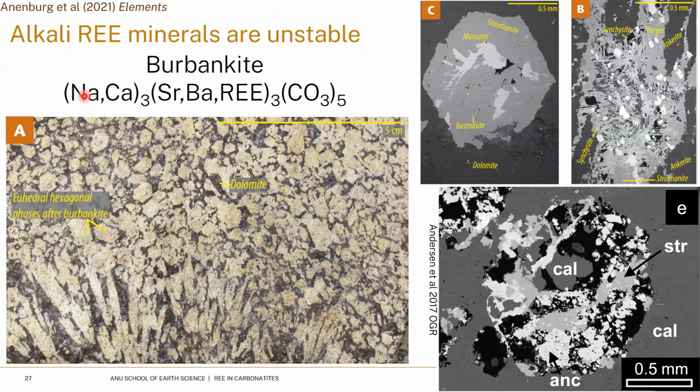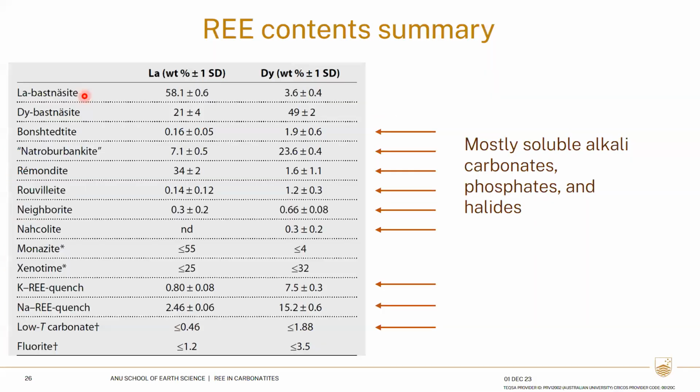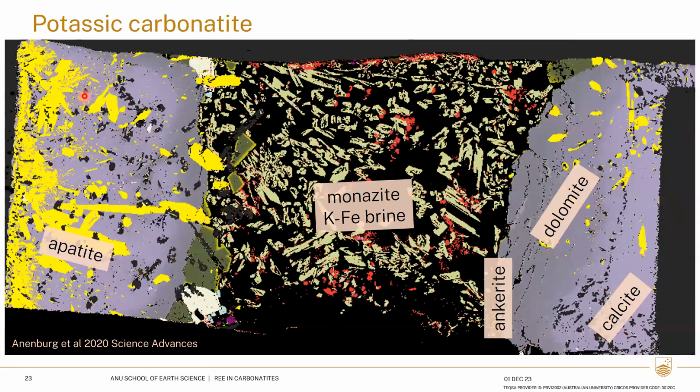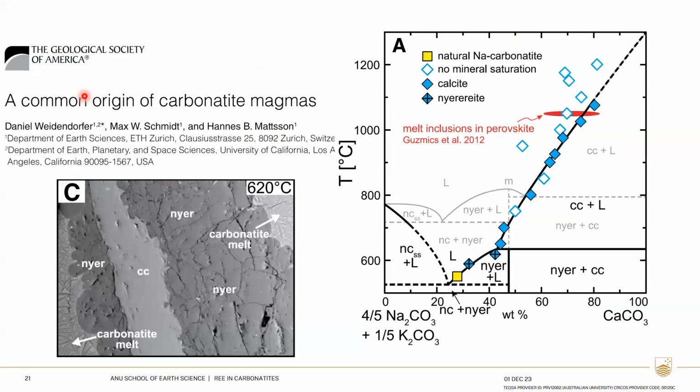Michael, can I just take you back to the Max Schmidt paper? What was the purpose of their paper? To explain Oldoinyo Lengai, to account for a range of compositions that are erupted as lavas at Oldoinyo Lengai?